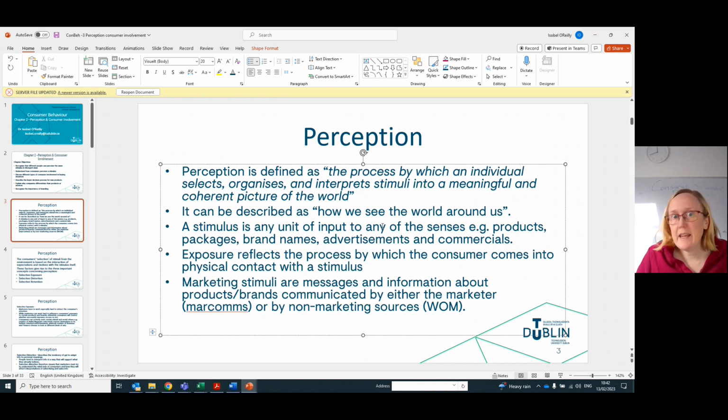A stimulus is any unit of input to any of the senses, so products, packages, brand names, advertisements, commercials. Exposure reflects the process by which the consumer comes into physical contact with the stimulus. Marketing stimuli are messages and information about the products or brands communicated by either the marketer, so via our marcoms, or by non-marketing sources, so word of mouth, for example.